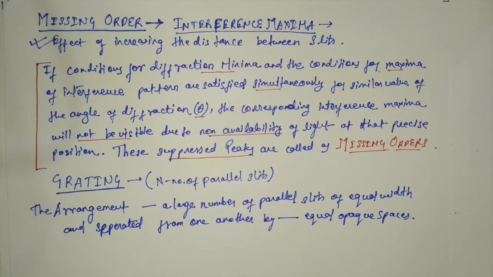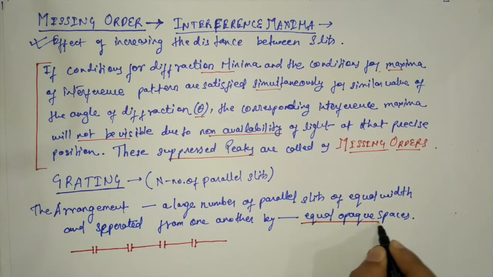The broad classification or example of a grating is what we use in our daily life. If a substance is like this, it can be called a grating. But to be a grating, the substance needs to have these slits with equal opaque spaces.